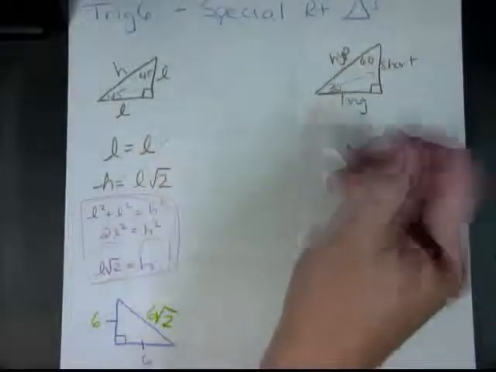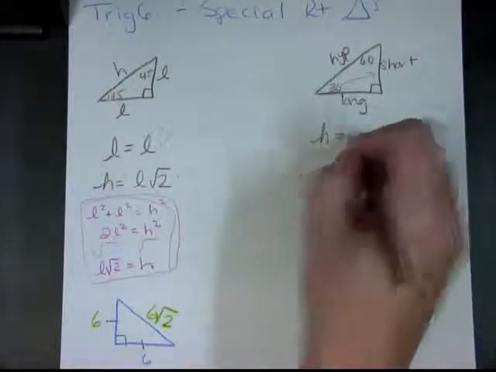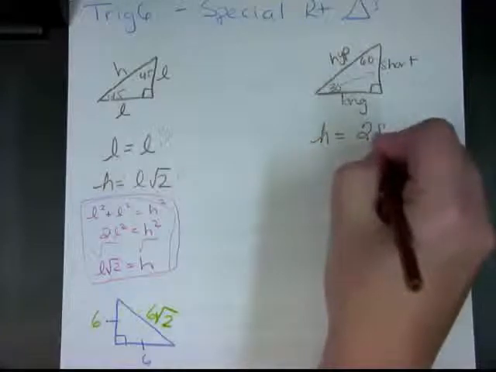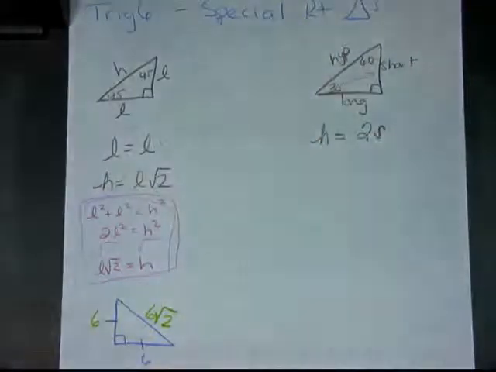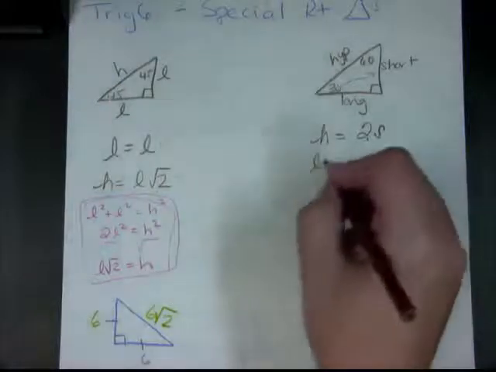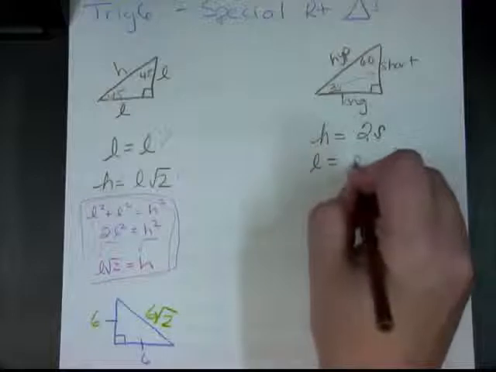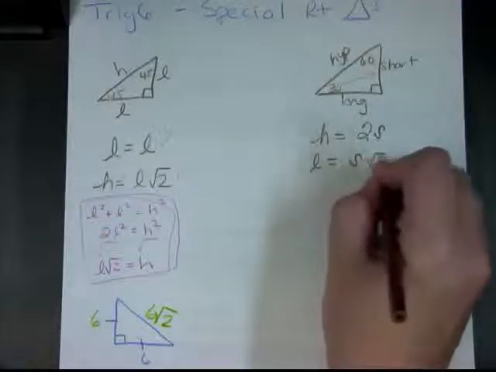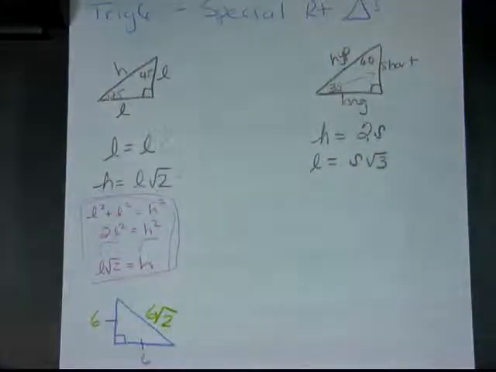When it comes to a 30, 60, 90, the hypotenuse is always twice the short side. That relationship will always be true in a 30, 60, 90. The long side is always the short times root 3. That relationship will always remain true.